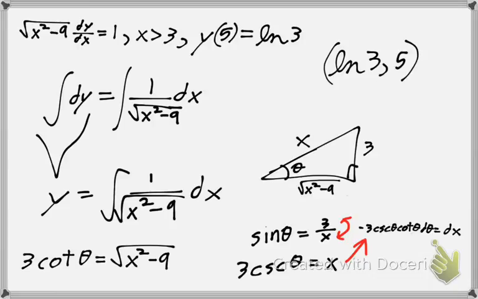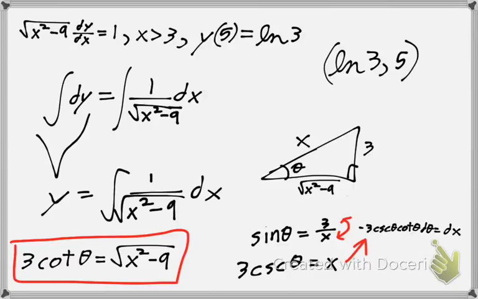So these are the values that we're going to be using: cotangent theta is related to the root of x squared minus 9, and this value for dx. Now on to the next slide, where we'll plug them in.